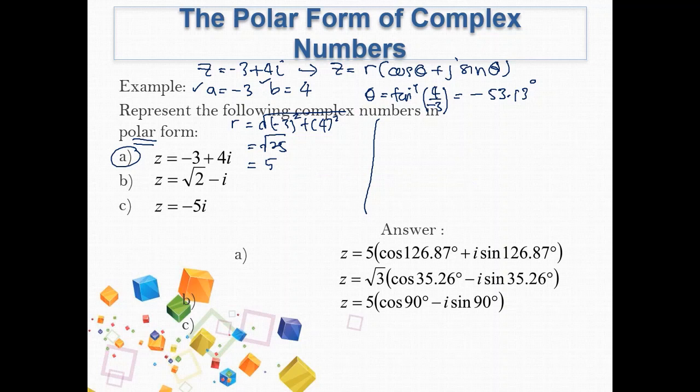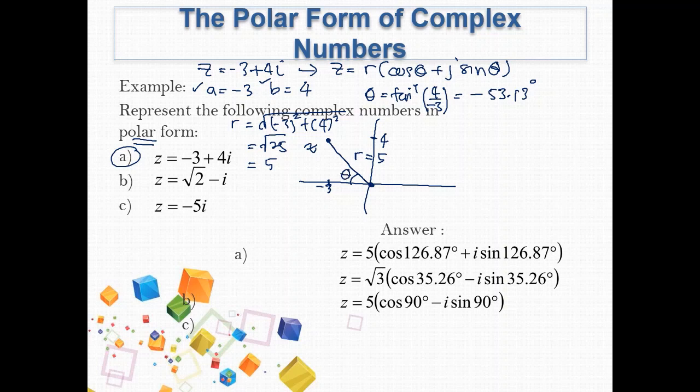So negative 3 is here, and 4 for y is up here. So this is roughly the location of z. When we connect from the origin 0, 0, this is our r, which is 5.